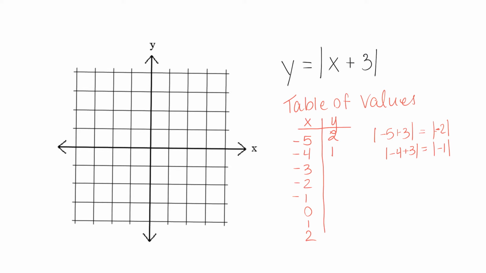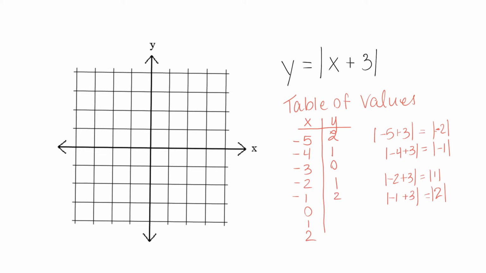-3 plus 3 is 0. Absolute value of 0 is 0. -2 plus 3 is the absolute value of 1, which is 1. -1 plus 3 is the absolute value of 2, which is 2.